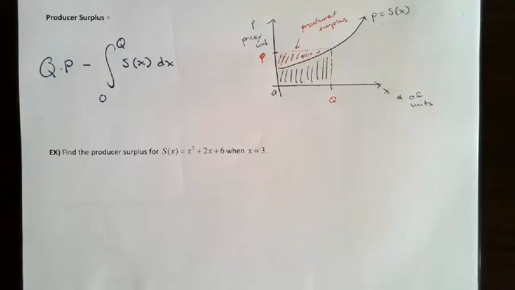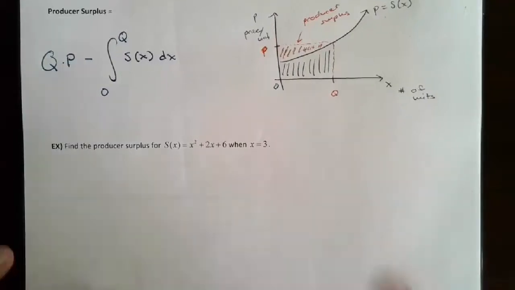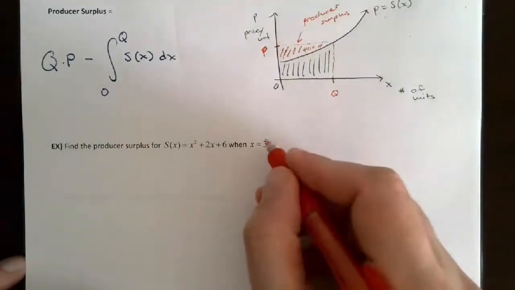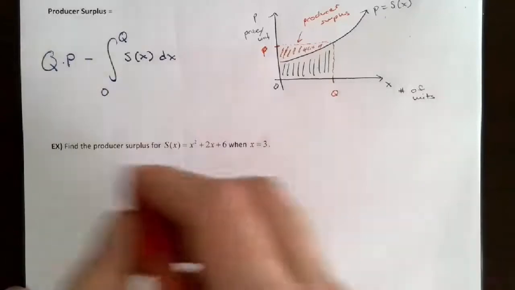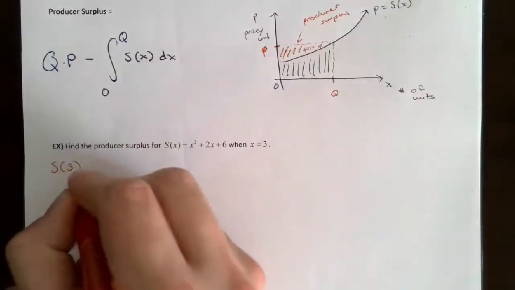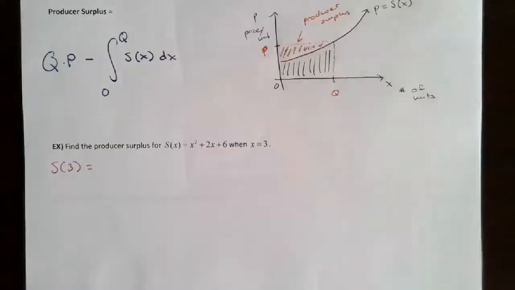It says find the producer surplus for s of x equals x squared plus 2x plus 6 when x equals 3. So they're telling you what quantity, that's our value for Q. And the first thing you want to do is find s of 3.